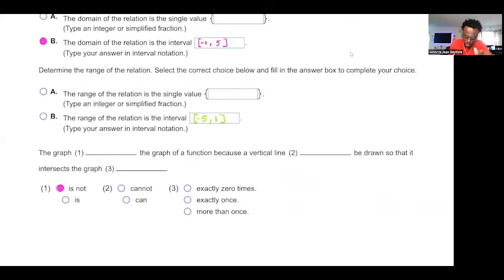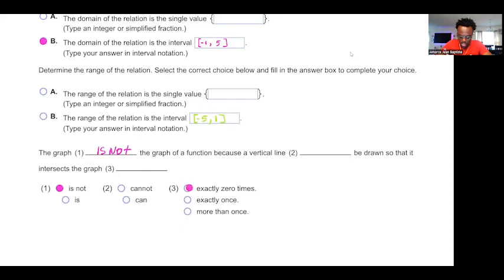And they're going to want me to say why. So it is not the graph of a function because a vertical line, and then the options are can and cannot. Which one do you pick?